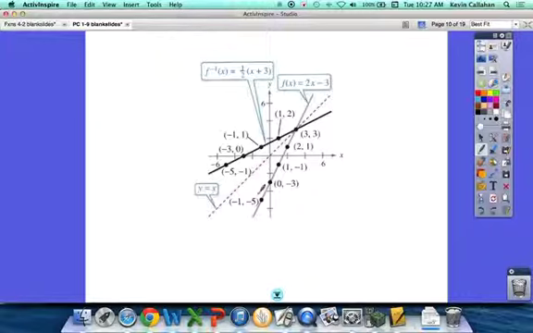What we know about inverses is that means if you flip the x's and the y's, then all of those points ought to be on the graph of the inverse. And they are, right? So here's the flip of this one, negative 5, negative 1. This one becomes negative 3, 0, negative 1, 1, 1, 2.